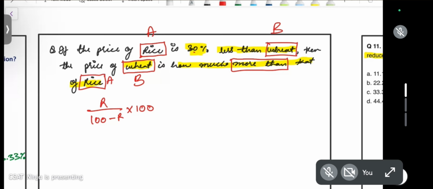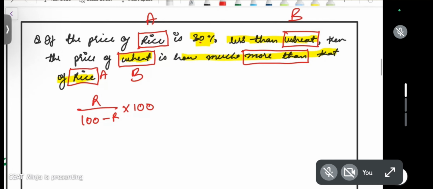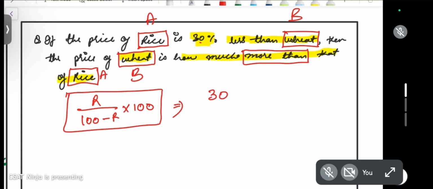So I'll reframe the question: if A is 30% less than P, then P is how much more than A? In that case, the formula is 30 divided by 100 minus 30 into 100.